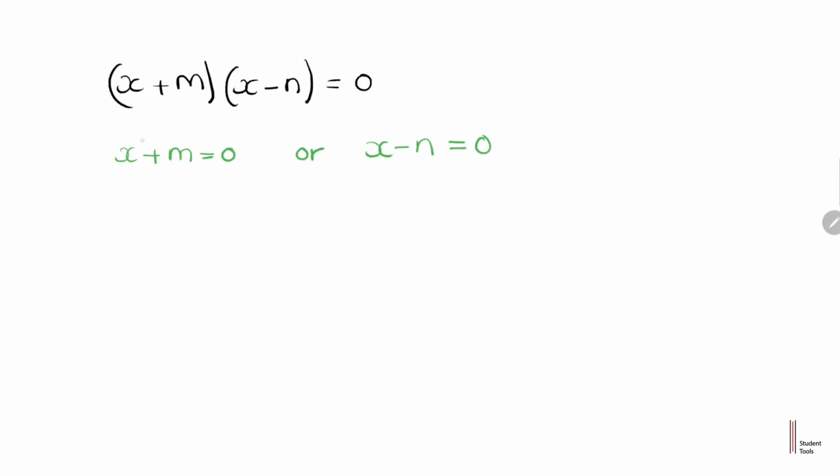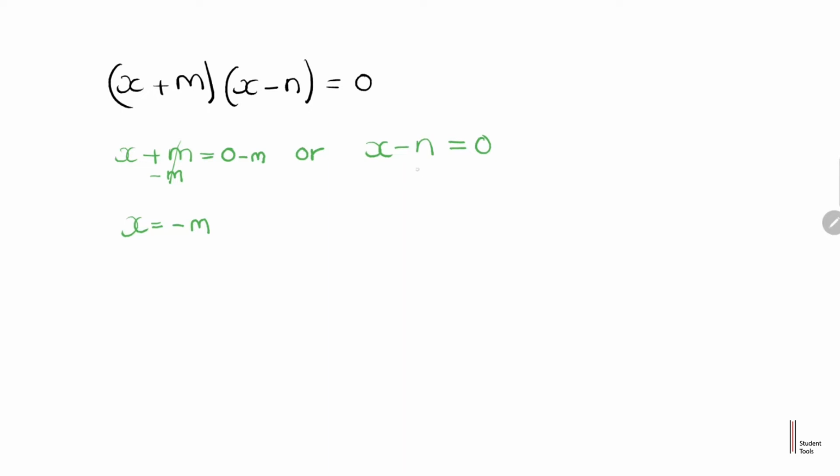With each of these, we will have to make x the subject. So to make x the subject, we will have to take m from the left-hand side to the right-hand side. We'll do that by subtracting m over here and also subtracting m over here. So this will be 0, such that x will be equal to 0 minus m, that is a negative m.